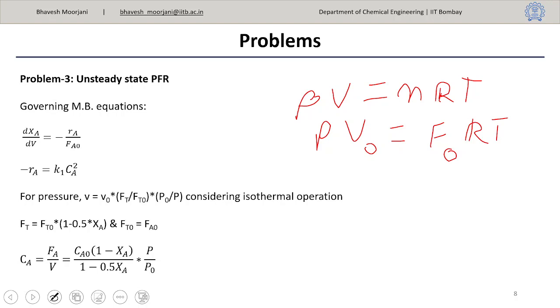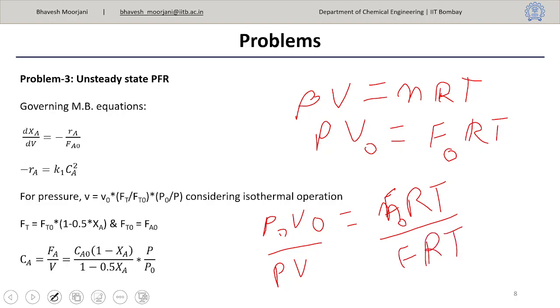So if you take the ratio at inlet and outlet, you have P0 V0 equal to FT0 R T0, and P V equal to FT R T. Considering an isothermal reaction, the temperature goes away, and then you can get the volumetric flow rate v in terms of v0, the ratio of your flow rates and the ratio of the pressures. So this is how your volumetric flow rate is changing for a gas phase reaction.